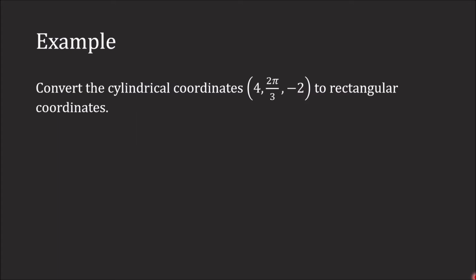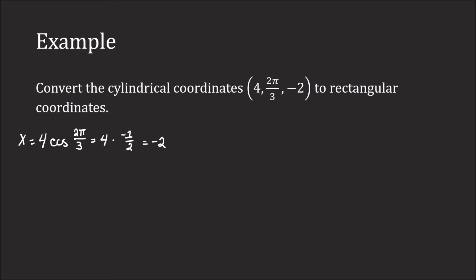So we're going to convert the cylindrical coordinates 4, 2 pi over 3, negative 2 into rectangular coordinates. Right, so we're going from cylindrical to rectangular. So x is r cosine of theta, so 4 times cosine of 2 pi over 3. And cosine of 2 pi over 3 is negative a half.